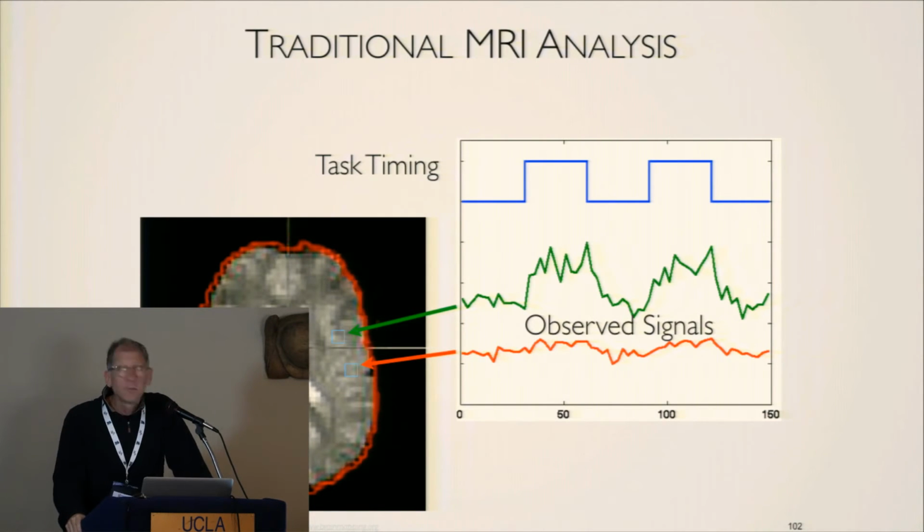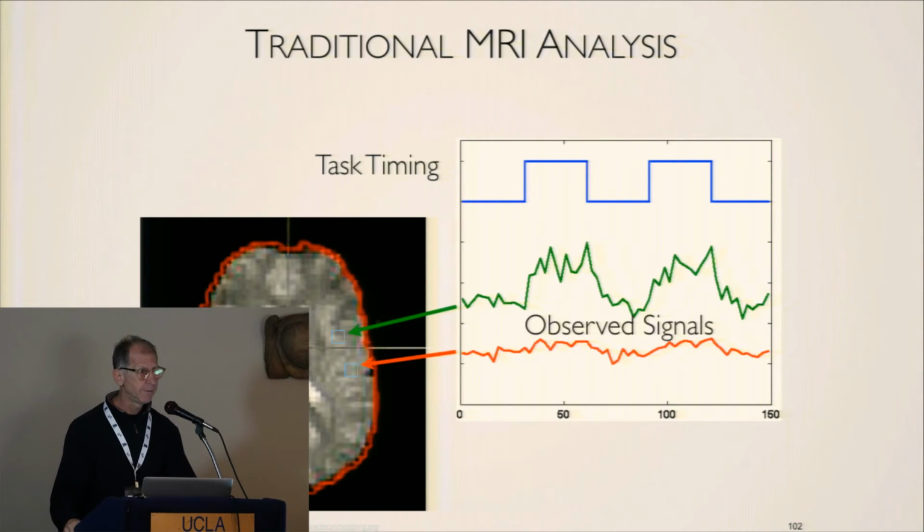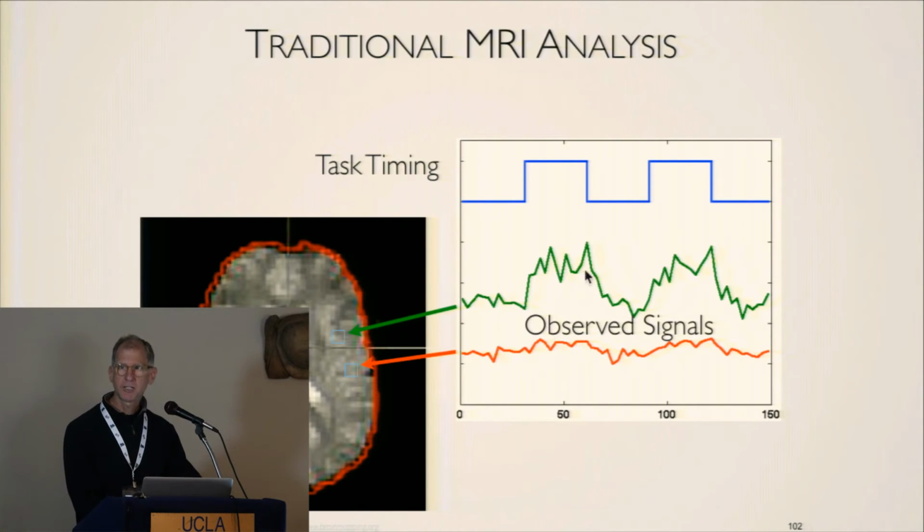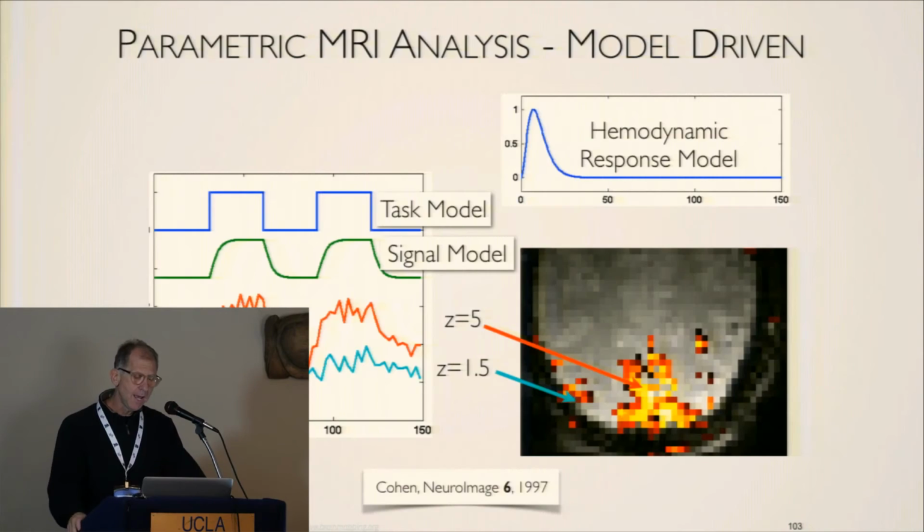So to just sort of close up this section, the typical traditional form of MRI analysis is to present a task and look at the observed signal change in the brain. And if the signal changes are robust enough, like in the early visual areas, you see these large signal changes associated with the task timing.